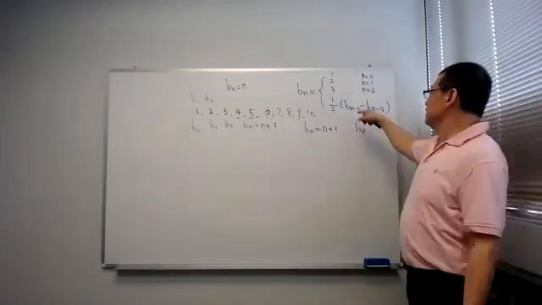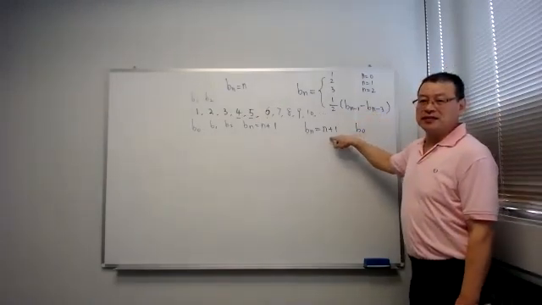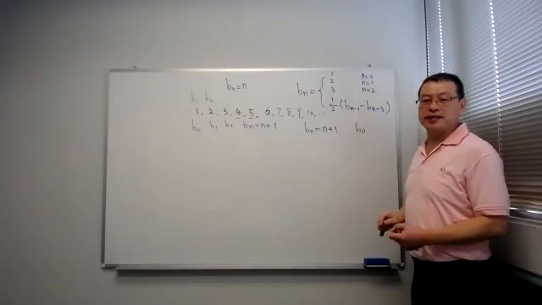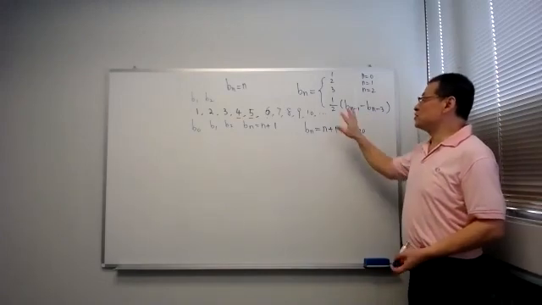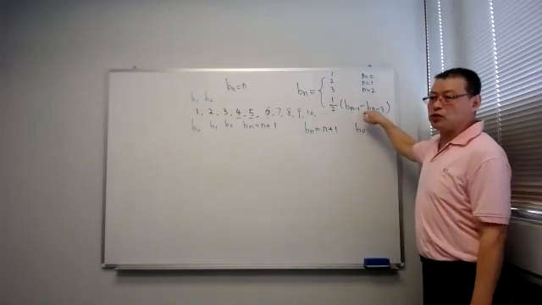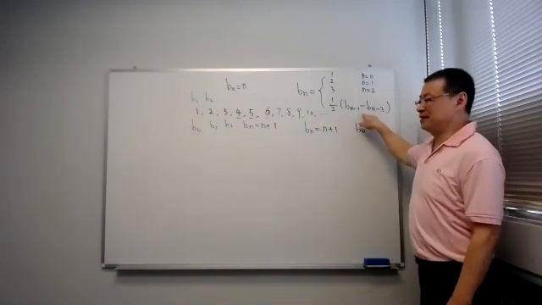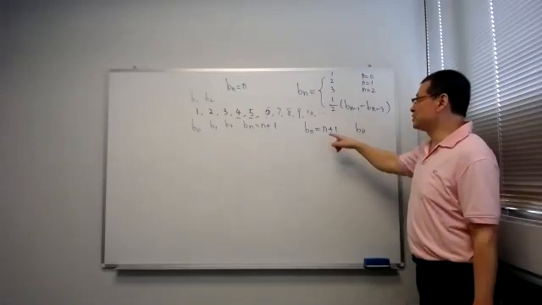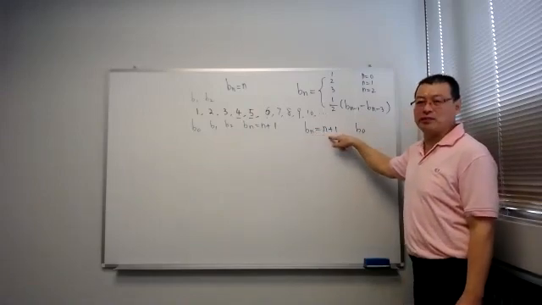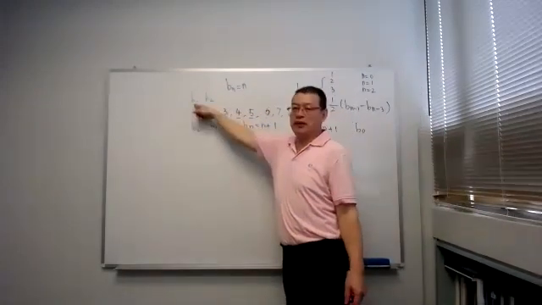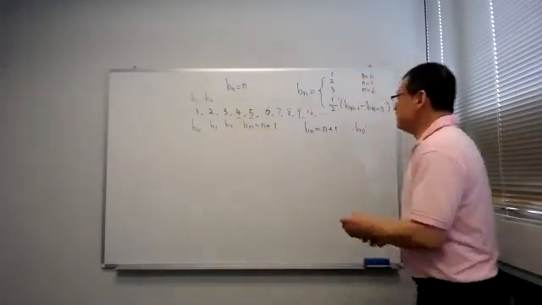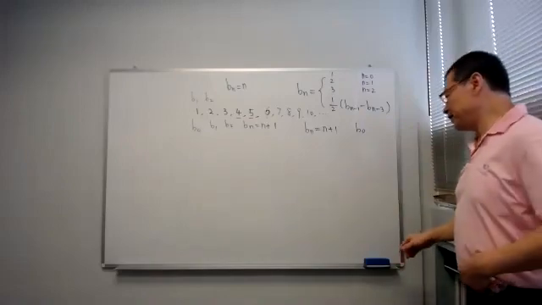But anyway, this one is actually the same as this one, so there may be an easier way to represent it. Initially, based on the recurrence relation, that's what we get. But incidentally, it turned out the sequence is just Bn equals n plus 1, or just Bn equals n if we start with B1, B2. All right, so that's the recurrence sequence.